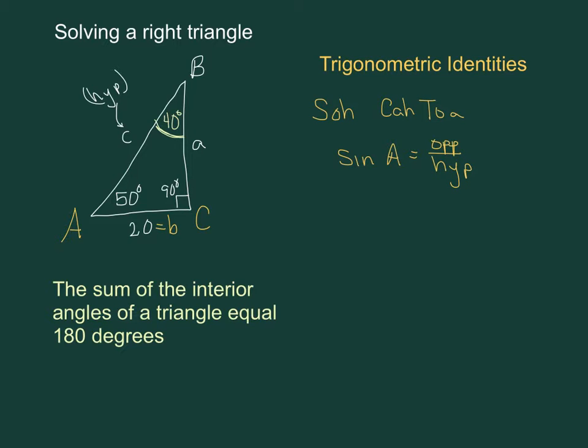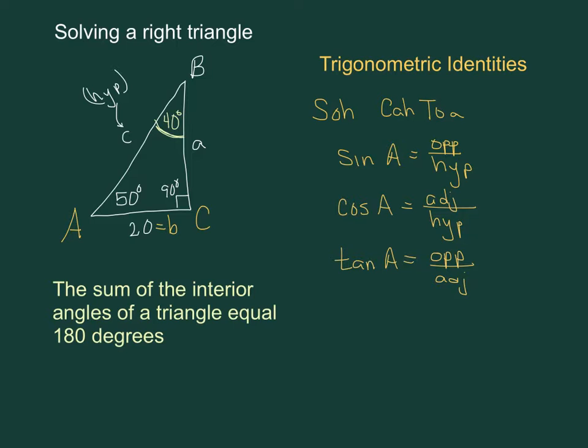Next is CAH, which is the cosine of a degree equals the adjacent side to that degree over the hypotenuse. And then TOA, which is tangent of a degree equals the opposite side to that degree over the adjacent side to that degree.